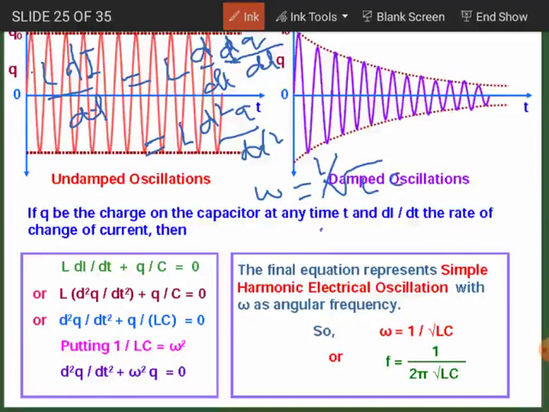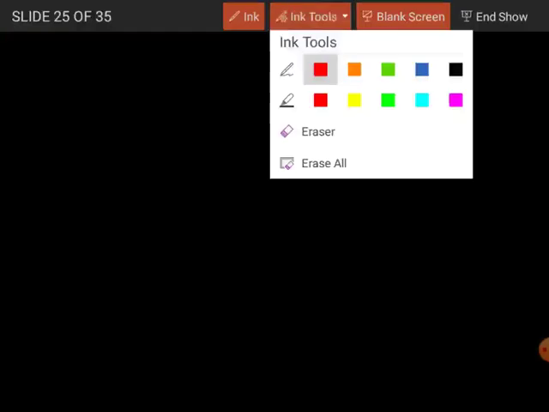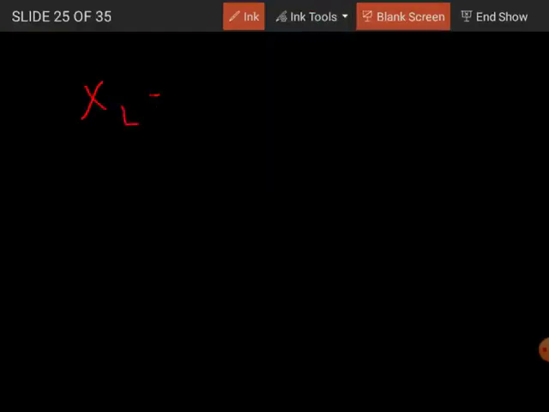Got it? When omega L is equal to 1 by omega C, that is your resonance. When XL is equal to XC, resonance takes place, right?